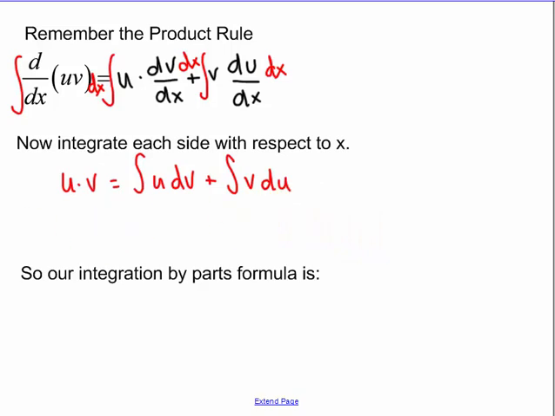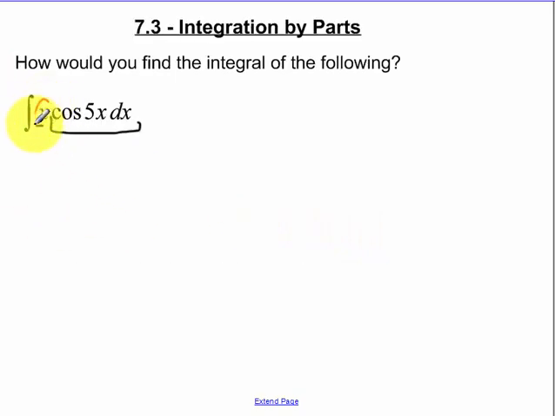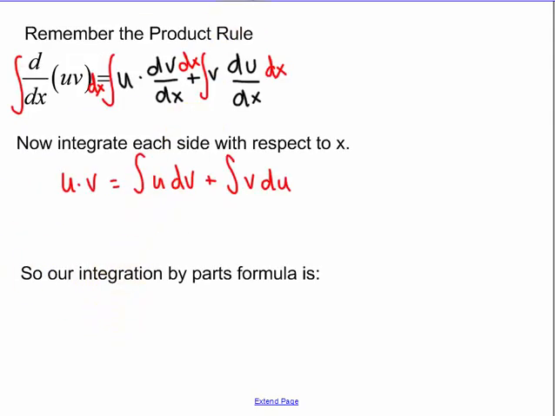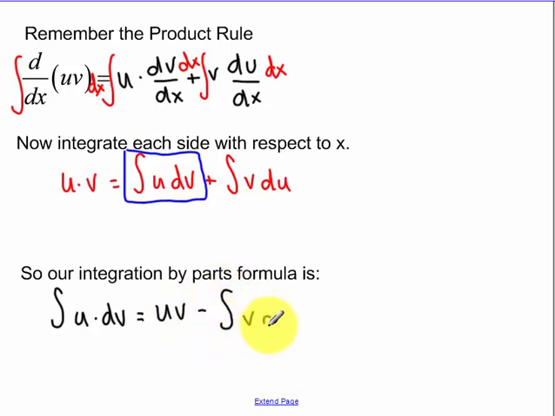Now, if you remember on this previous slide, it was one function times another function, and notice how I highlighted the dx in there. So solving this for this term, we get the integral of u dv is equal to uv minus the integral of v du.